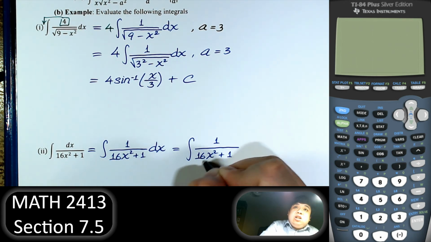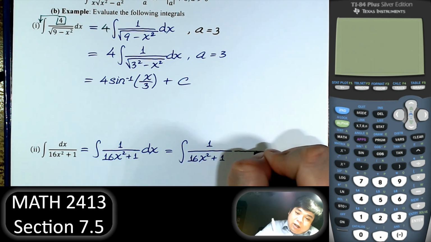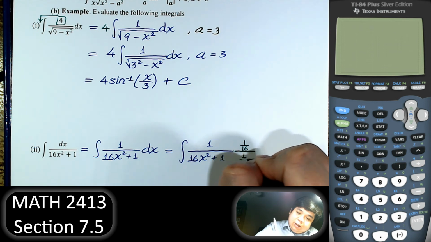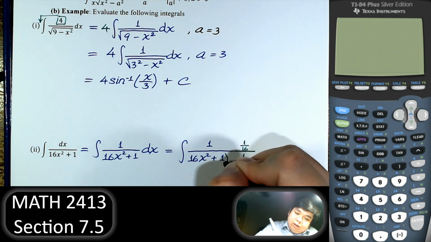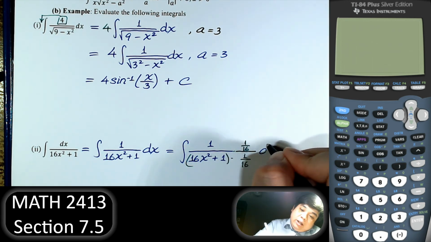We need to turn this into just x squared. So in that case, I will multiply by 1 over 16, and the 16 cancels out, so we just have x squared.